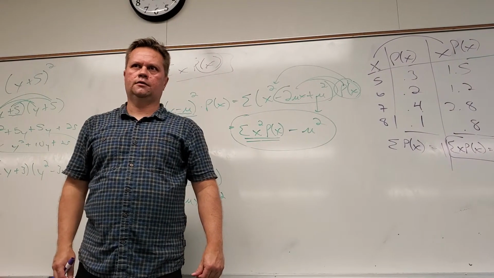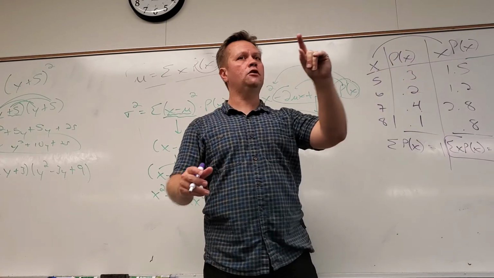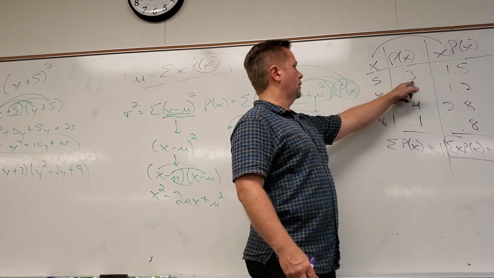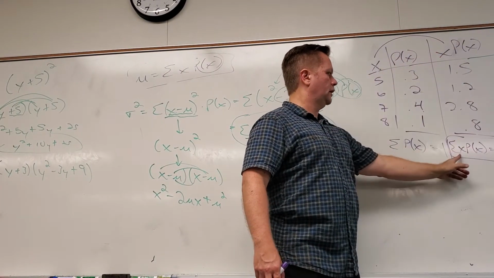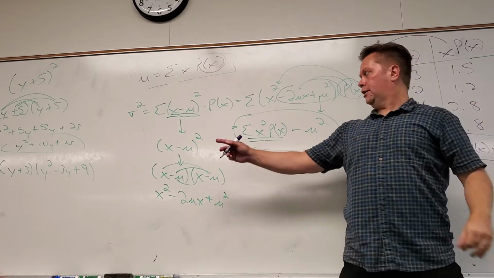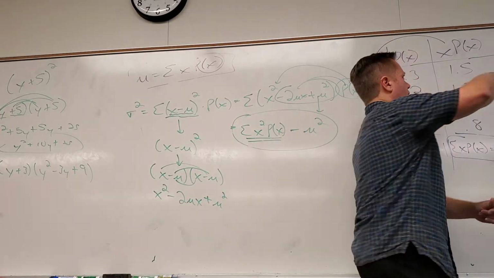So if I give you x and p of x, I have to give you both, because you have to know what percentage of this and what percentage of this. Then you make this column to figure out what the mean is, and you make this column to plug in what you need to figure out what the variance is. So what do you get when you add these up?